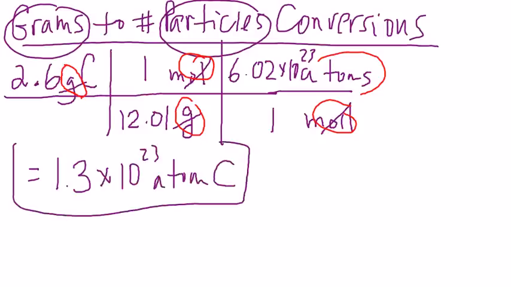So if you have 2.6 grams of carbon, you actually have 1.3 times 10 to the 23rd atoms. That's how many atoms are in 2.6 grams. We're going to find out later in the semester why this is important, when we're trying to predict how much product we can expect. Calculations such as this.